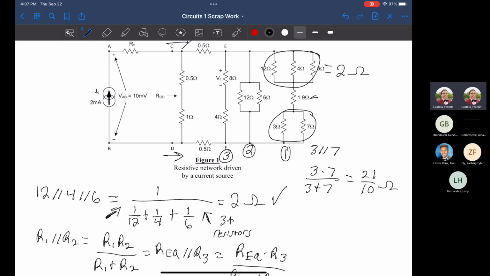Hey, there is a 1.9 ohm resistor, which indicates that not all your values are going to be finite numbers. Same thing here, where there is a 0.5 resistor at the bottom between nodes D and E, and same thing at the top.